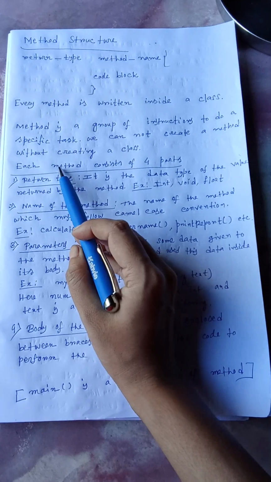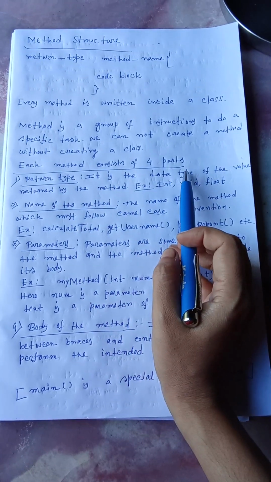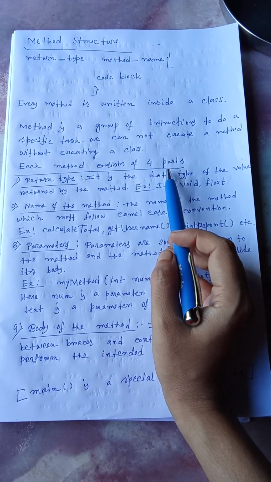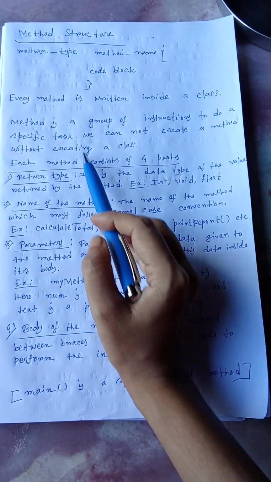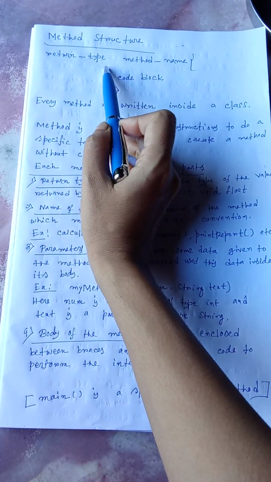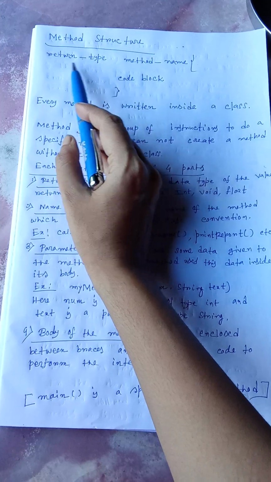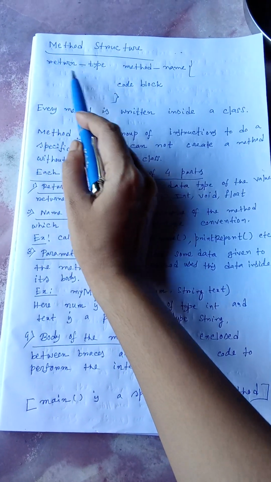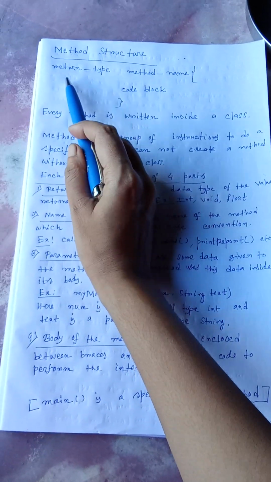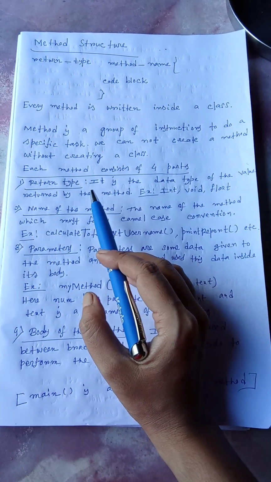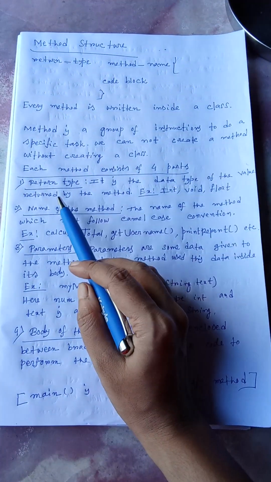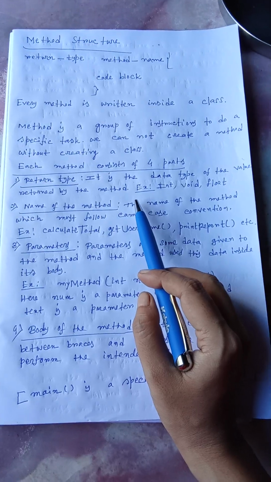Okay. Now each method consists of 4 parts. What are these 4 parts? We can easily see from this example. Each method should have a return type. Return underscore type we have written, but no, this is not just the format. We have to mention the return type. The return type is the data type of the value returned by the method.